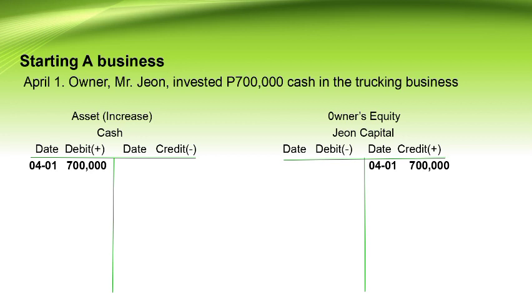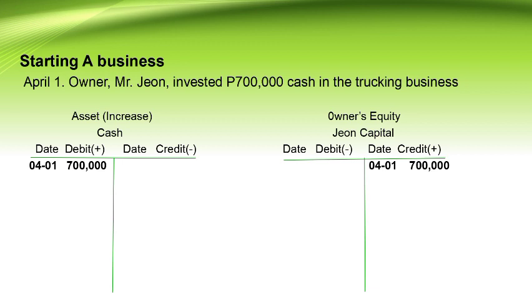On April 1, owner Mr. John invested 700,000 cash in the trucking business. The first transaction, which is the investment of the owner in the trucking business, increases both the assets, which is the cash, and owner's equity. But first, we need to place the date on the left side of the amount for reference.